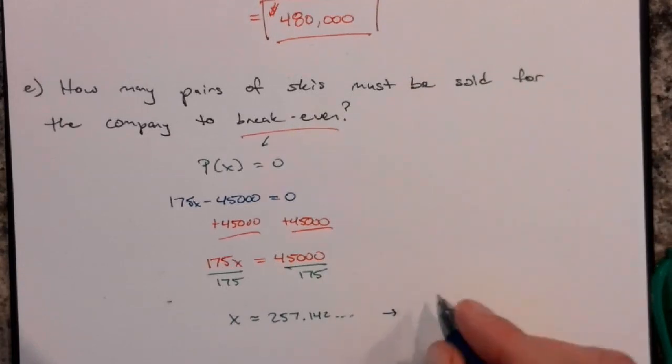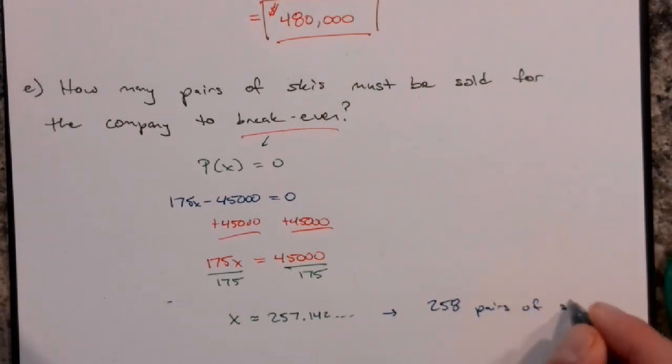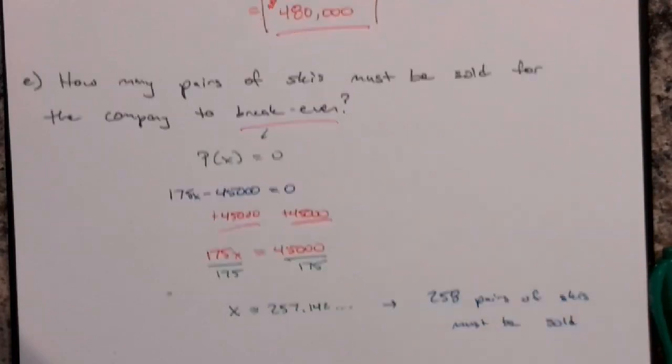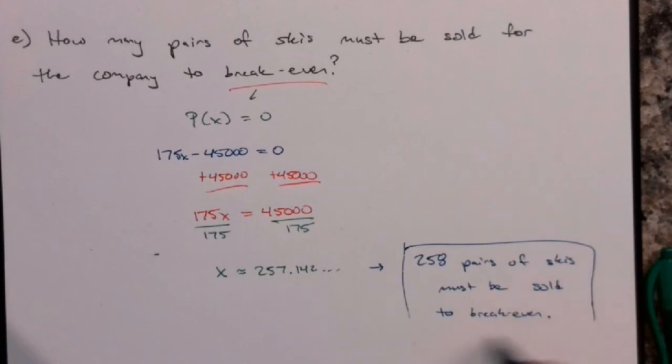So 258 pairs of skis must be sold to break even. So you want to make sure you round up to that next whole number. Otherwise, you'd be at a loss.